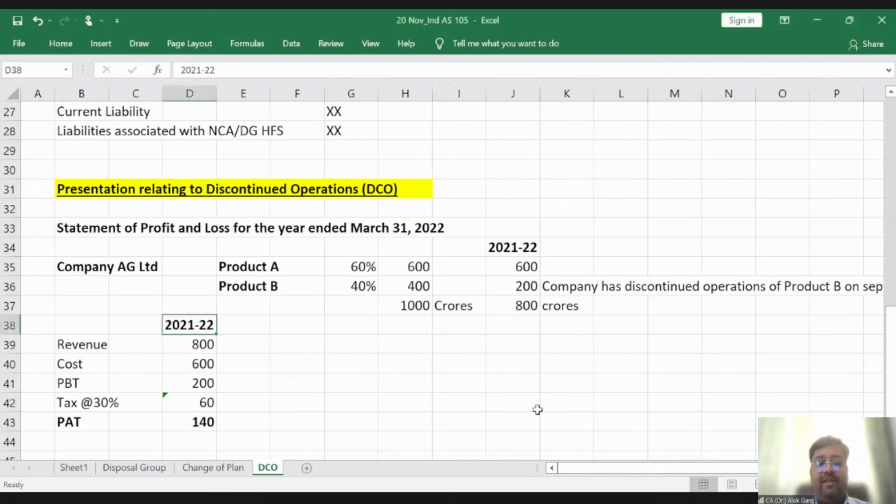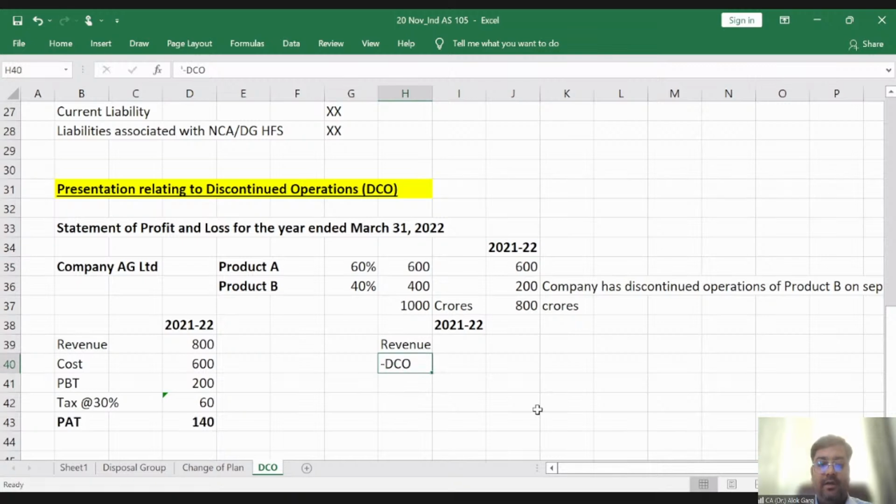Now I am showing you a different thing. Let's say again in 21-22, the company has disclosed revenue from continuing operation and revenue from discontinuing operation.